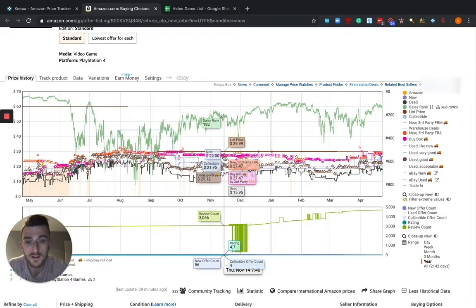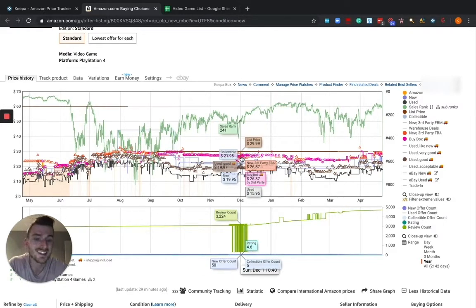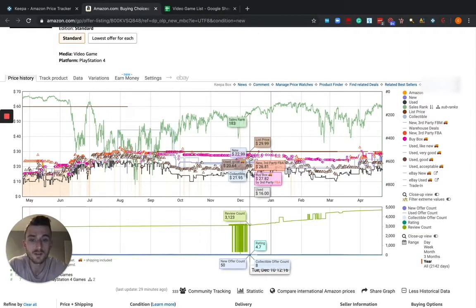The pink one is the one I want to draw your attention to right away, and that's the buy box price, okay? That's the price that we will be basing all of our profits on, all of our sales on, okay? So as we follow the pink dots along, we can see that it changes as we proceed through each month.